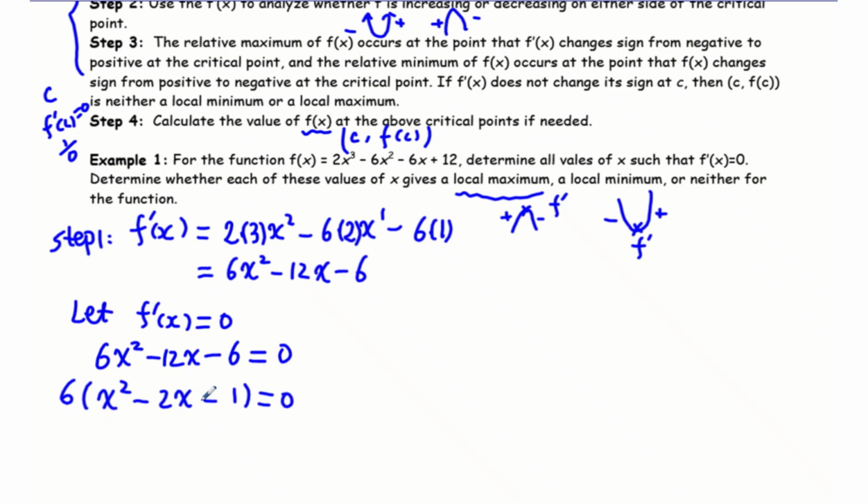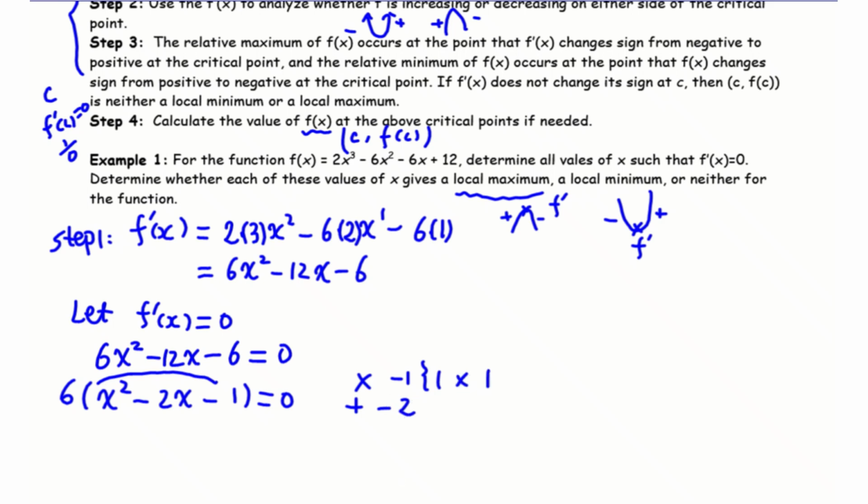So for this one, we want to see if it's factorable. We want to find two numbers whose product is 1 times negative 1 and whose sum is negative 2. The factors only have 1 times 1.